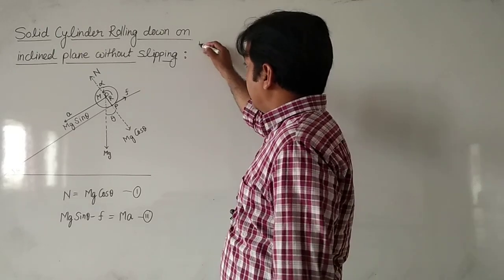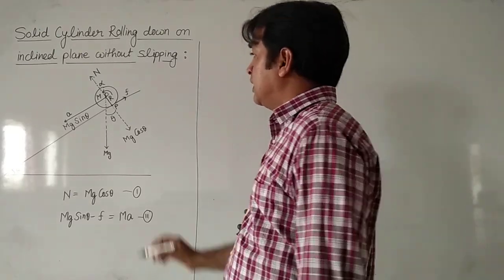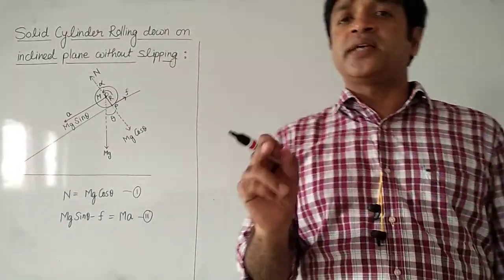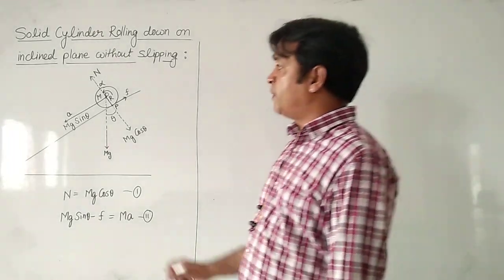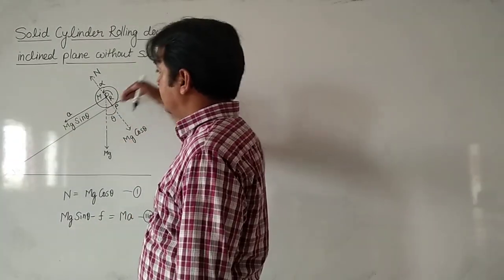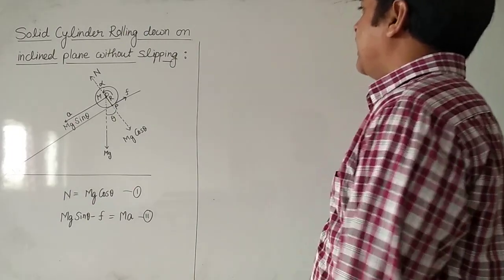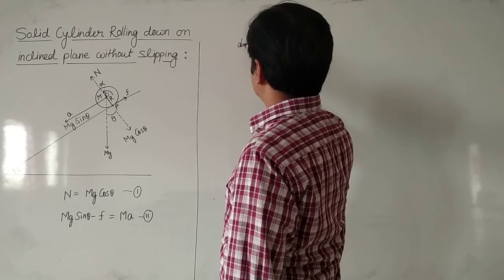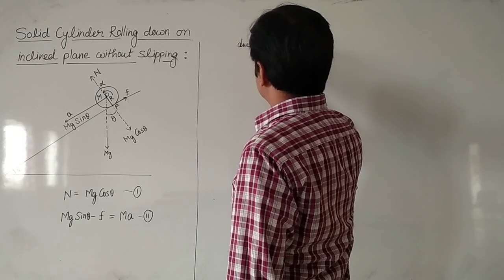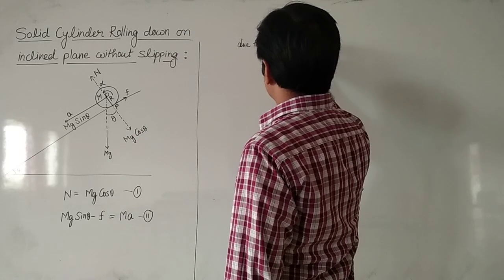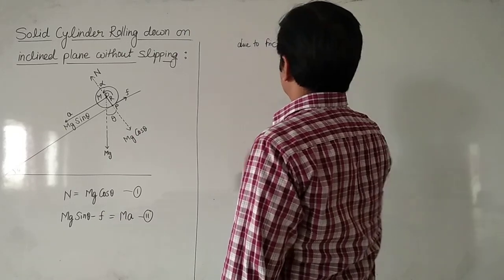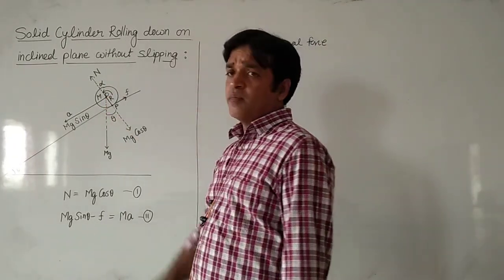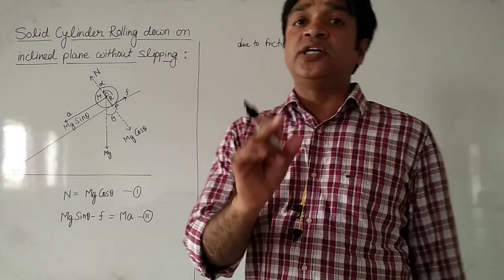Now again, in the motion of the cylinder, this point is the center of mass. So the center of mass has linear motion, which is parallel to the surface of this inclined plane. And due to the frictional force, the cylinder will rotate about the center of mass and also produce a torque.